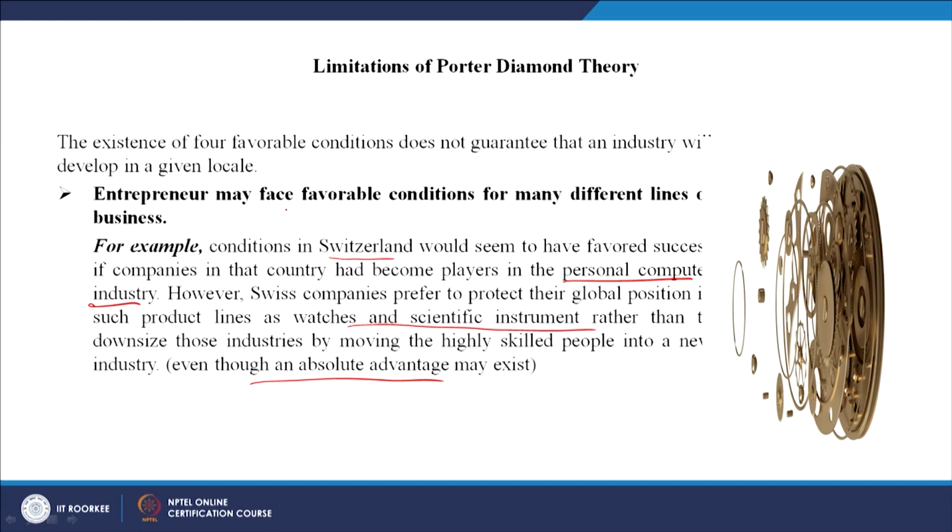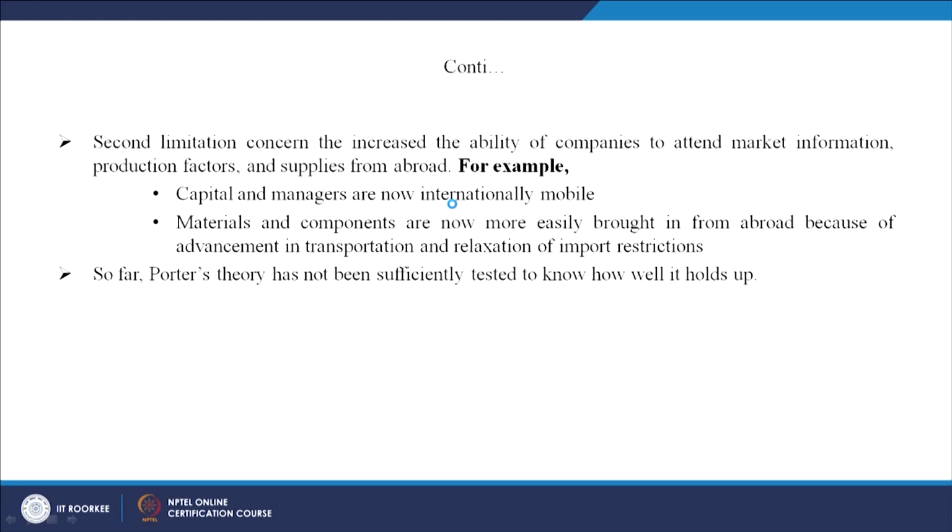Why? Because the entrepreneur may face favorable conditions for some other good, right, or looking at the demand. The second limitation concerns the increased ability of companies to obtain market information, production factors and supplies from abroad. For example, in earlier times it was highly restrictive.